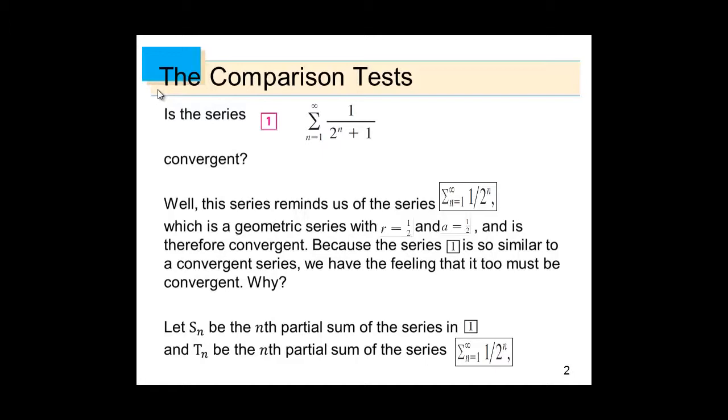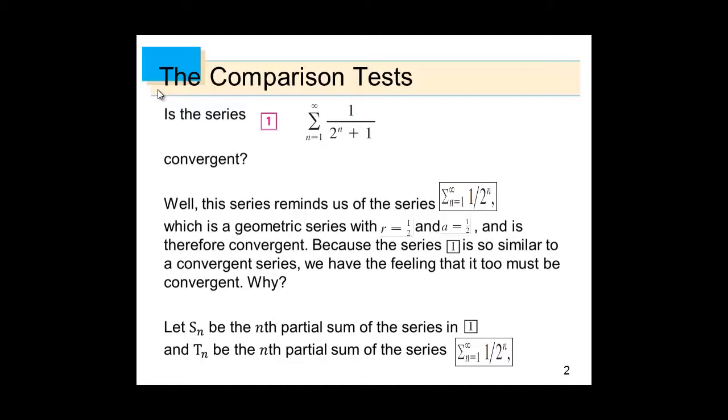Well, first of all, whenever you are given a series, it would be nice to have some intuition or a good guess whether or not you think it's convergent or divergent. Now, if you make a wrong guess, that's fine. You'll realize pretty soon you made a wrong guess.